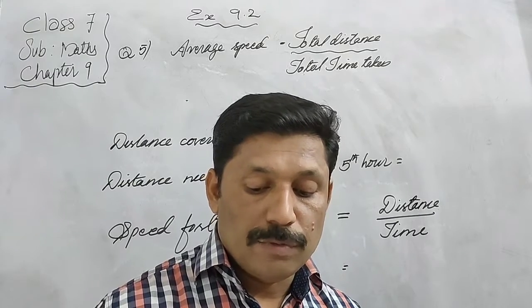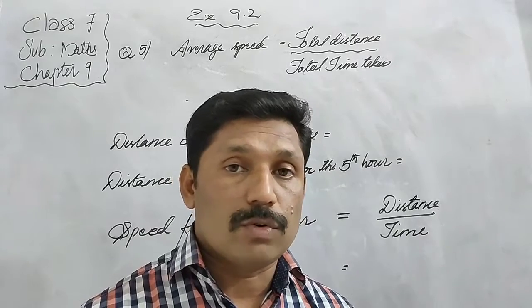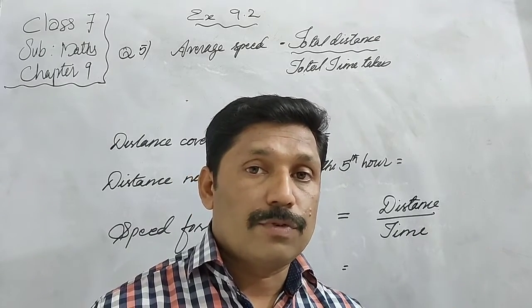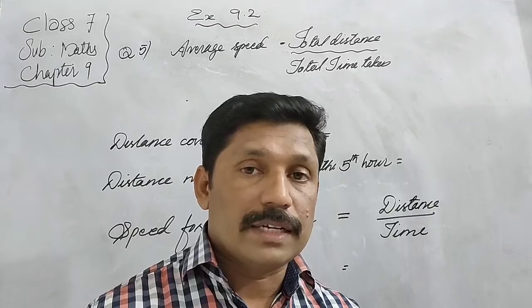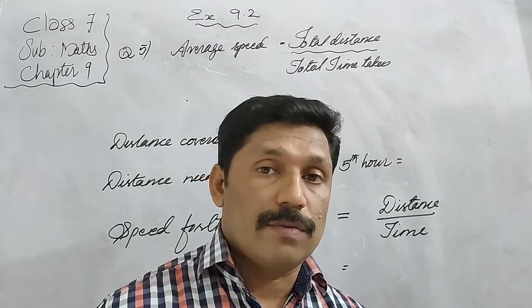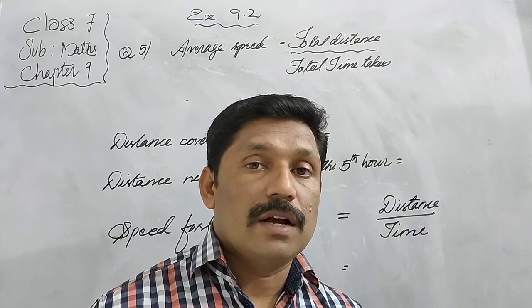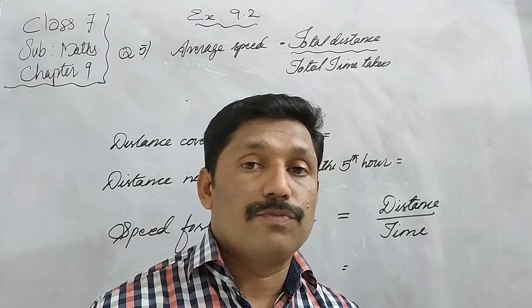Then what was his speed for the 5th hour of the journey? Total 5 hours journey. The first 2 hours and the next 2 hours speed is given. We want to find out the speed for the last 1 hour. Speed is equal to distance by time, so we must know the distance for the 5th hour.